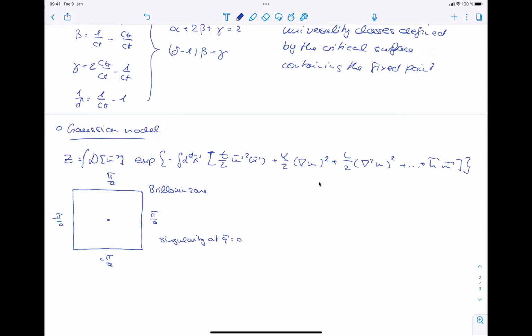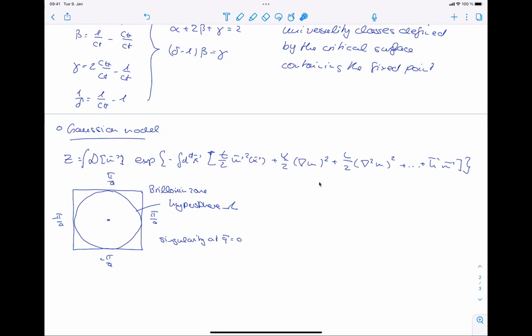And so what I can do to solve the Gaussian model directly is to simplify the integral in Fourier space over the Brillouin zone by introducing a hypersphere of radius lambda. Oh, sorry, that's meant to be a big lambda, not an omega. And then this can be solved directly, given that the dynamics are governed by the behavior around the singularity.